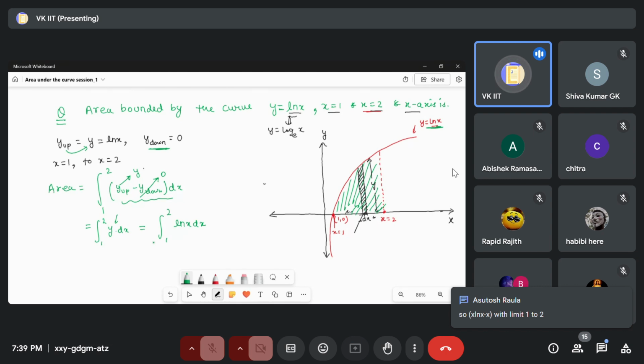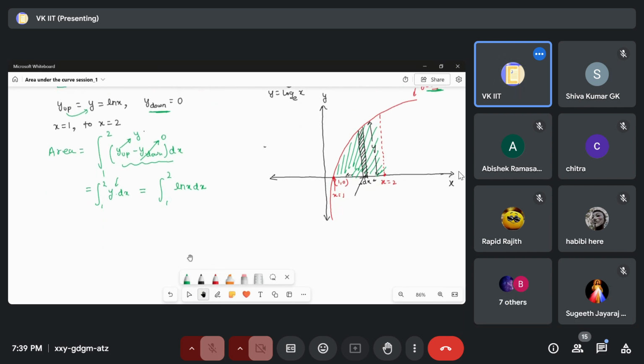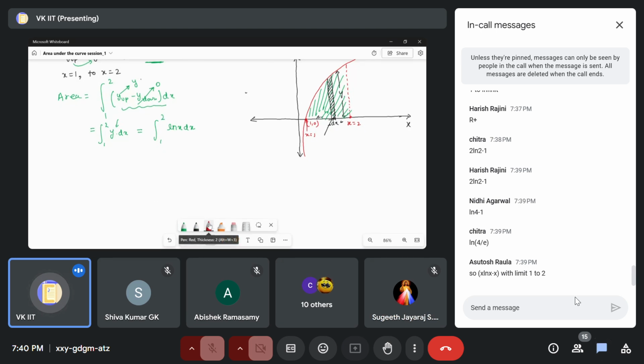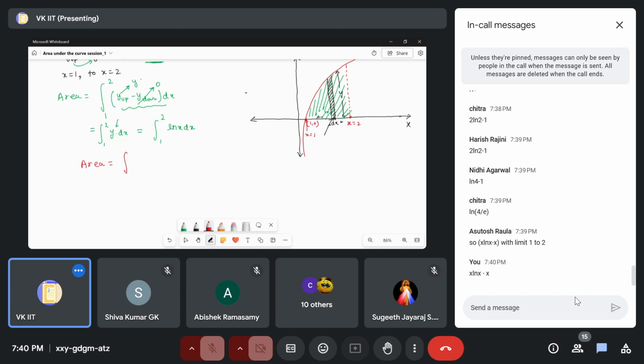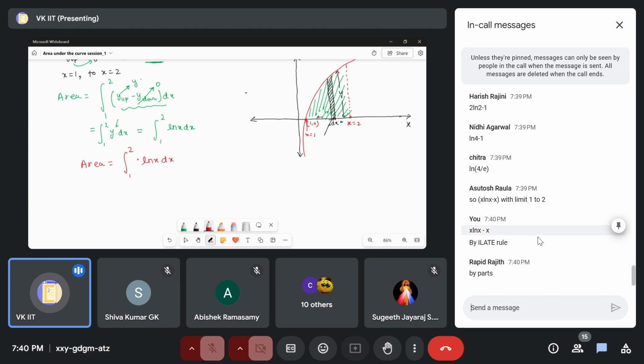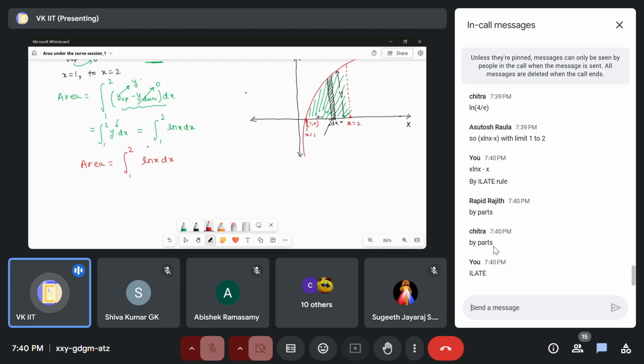And you must be remembering how we do the integration of ln x function. Anyone remember the method in the class? Who can tell me? How to do the integration of ln x function? Directly it is not integrable, of course. So we will use integration by parts.